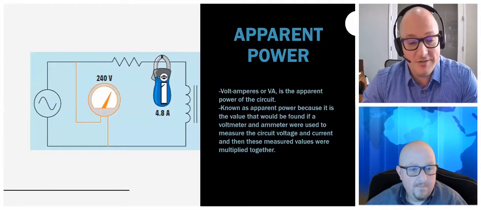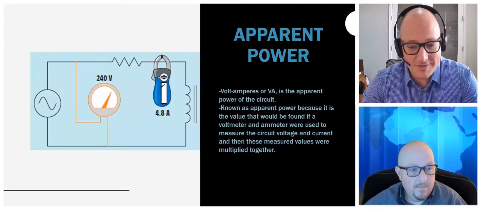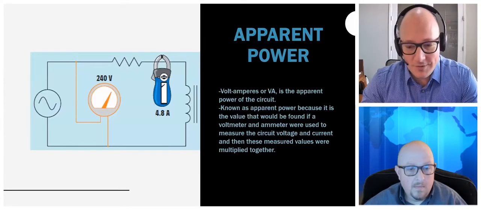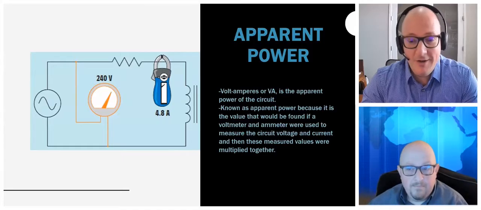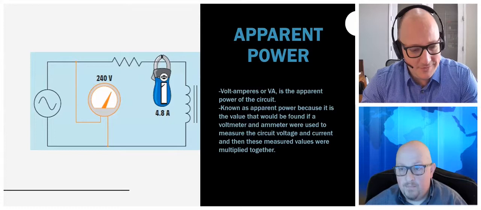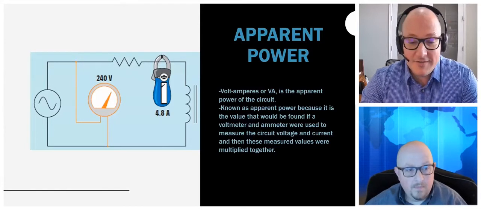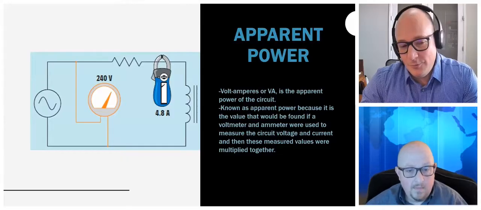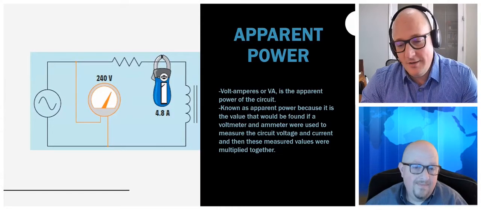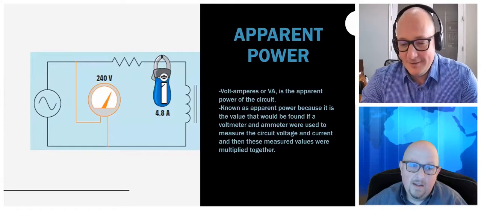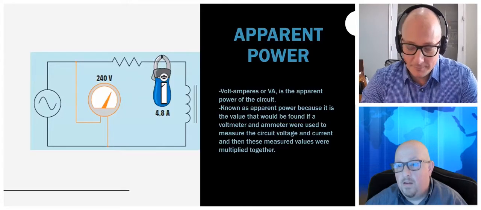Apparent because if I took actual measuring instruments, then that would be the product of 240 volts times 4.8 amps. So 240 volts applied, 4.8 amps of line or total current flowing in this series circuit. That's the apparent power. But now you and I know, are we really getting that much true power out of this circuit? Probably not.